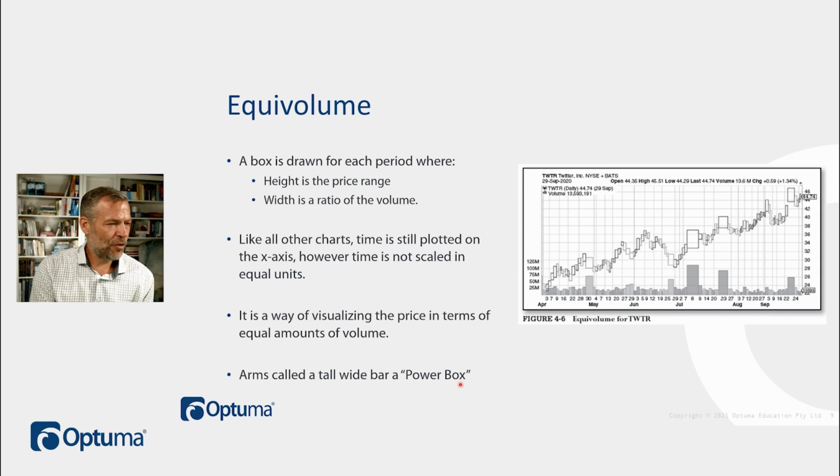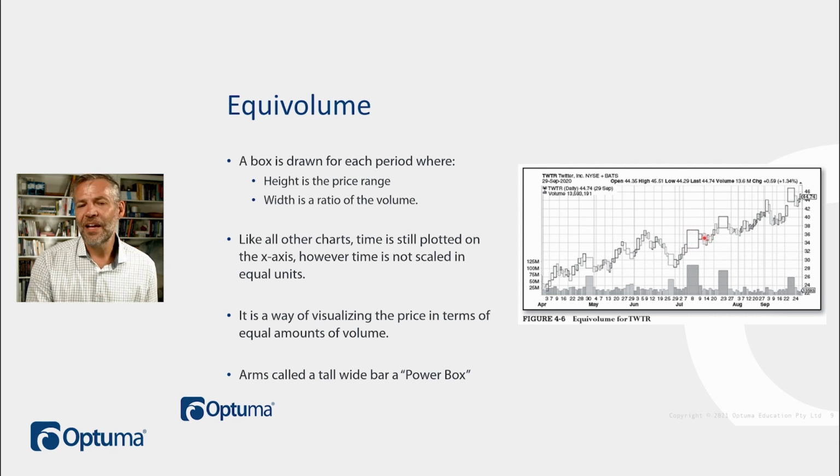Equity volume, we talked briefly about that in charts. Again, it's a box drawn for each period where the width is determined by the amount of volume that traded compared to the average. If you were to average up the whole volume traded through the whole day, then work out the volume for that day and how does that compare as a ratio.